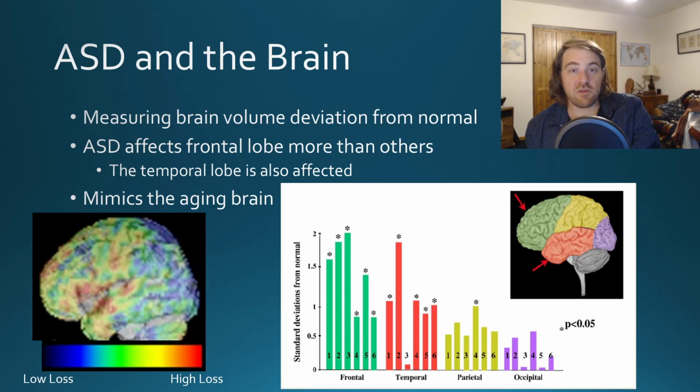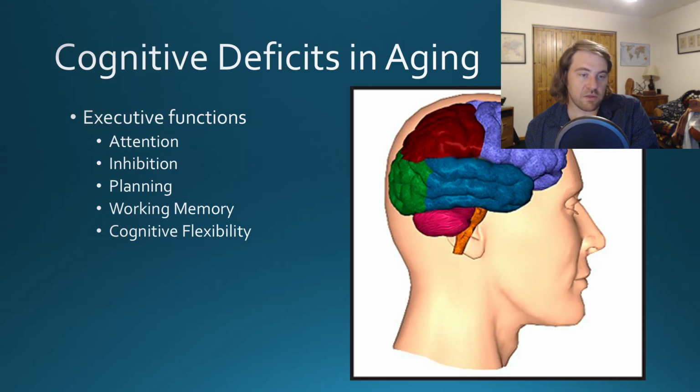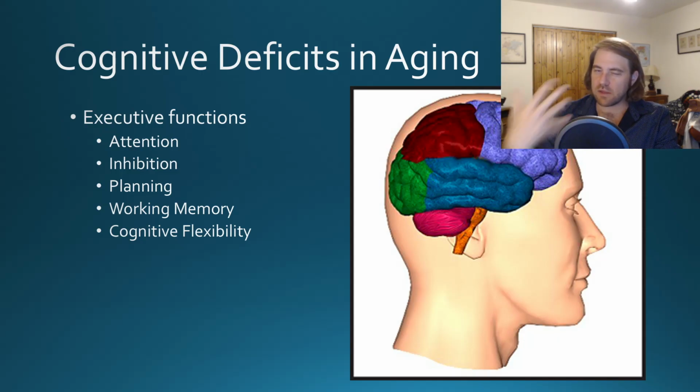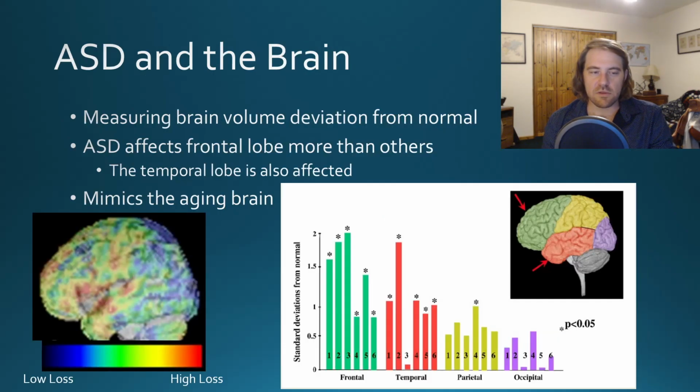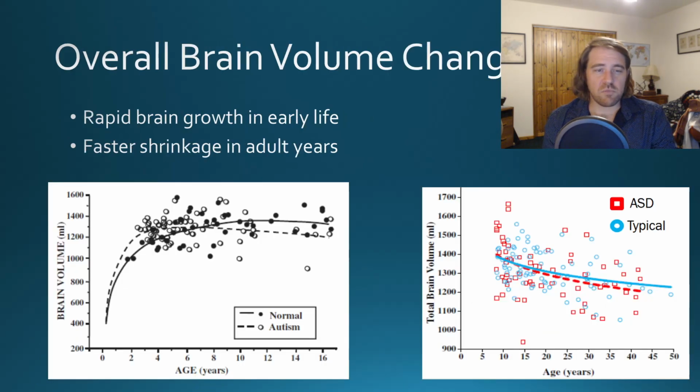That mimics the aging brain. So consider some of the ideas we see in aging: problems with attention, inhibition, planning, working memory, and cognitive flexibility. Pragmatics would definitely come into play with some of those. So typical ASD mimics what we already see in the aging brain.